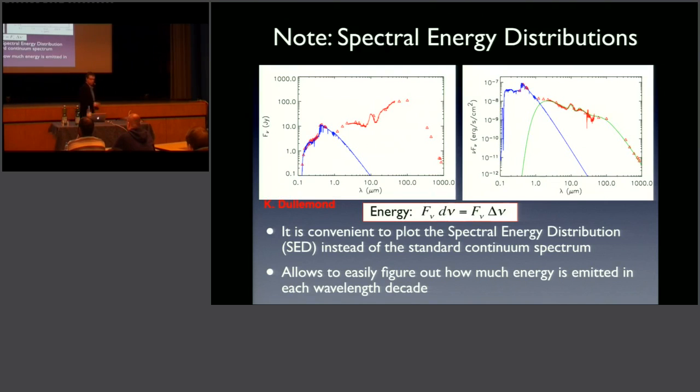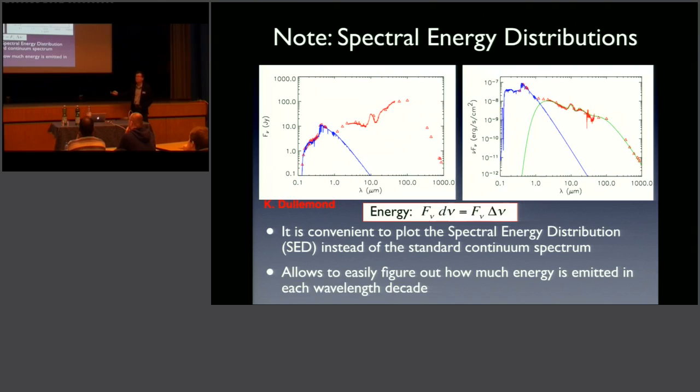We don't use the normal way of plotting the flux as a function of wavelength. The reason is very simple. If you do that, this is a typical star with disk, and from the optical to the infrared and the millimeter, it seems that this star with disk is producing a lot of radiation at 100 micron.